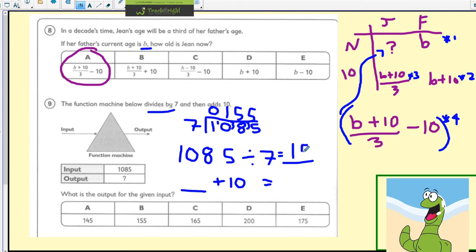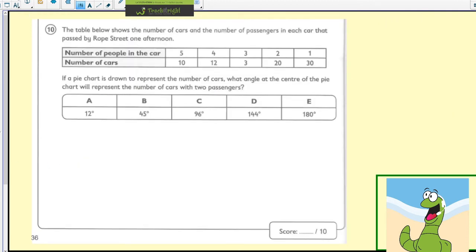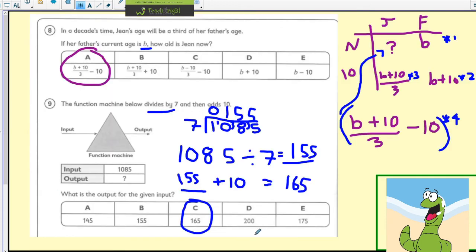So 155. And then 155 plus 10 is 165. So it's C, final answer. Woohoo! Next up, I'll show you it was C, 165.